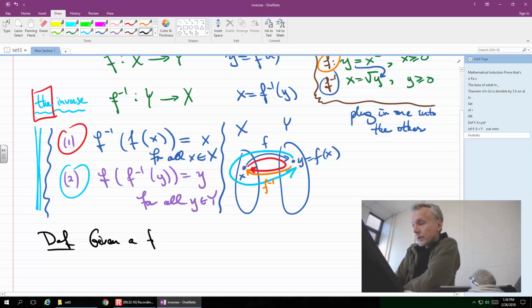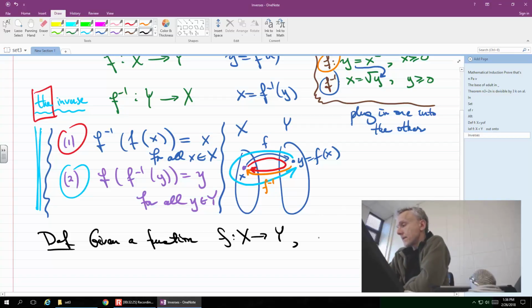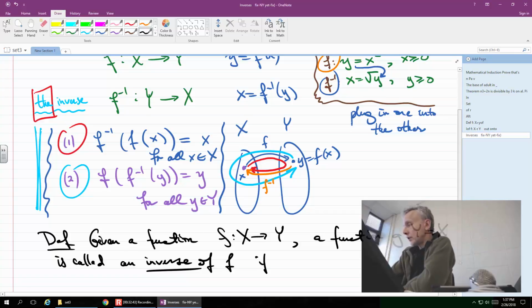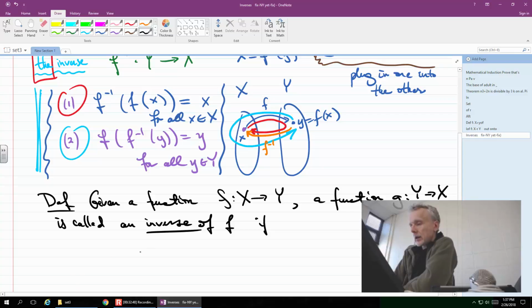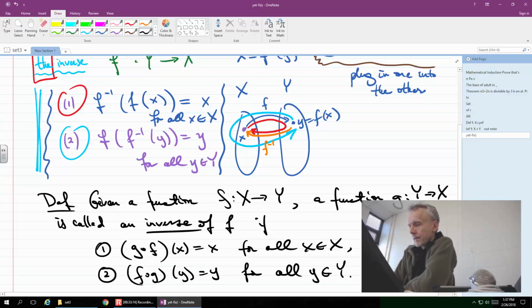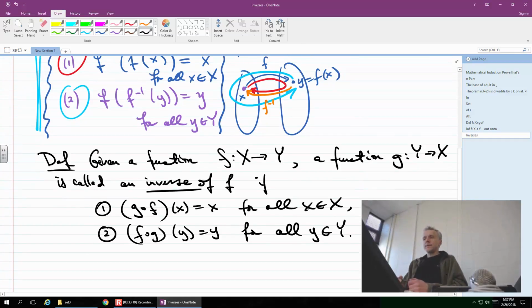Given a function f from X to Y, a function g from Y to X is called an inverse of f if, and then we just write what we had already, using composition circles instead: g circle f of x is equal to x for all x in X, and secondly, f circle g of y is equal to y for all y in Y. So that would be the strict definition of an inverse.